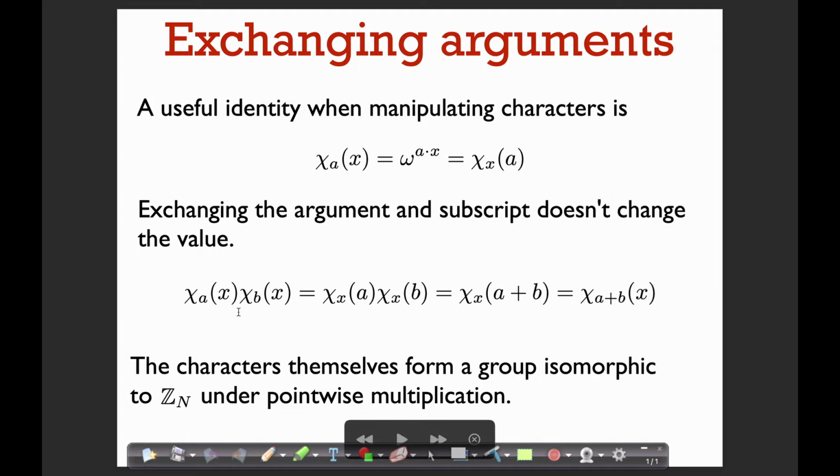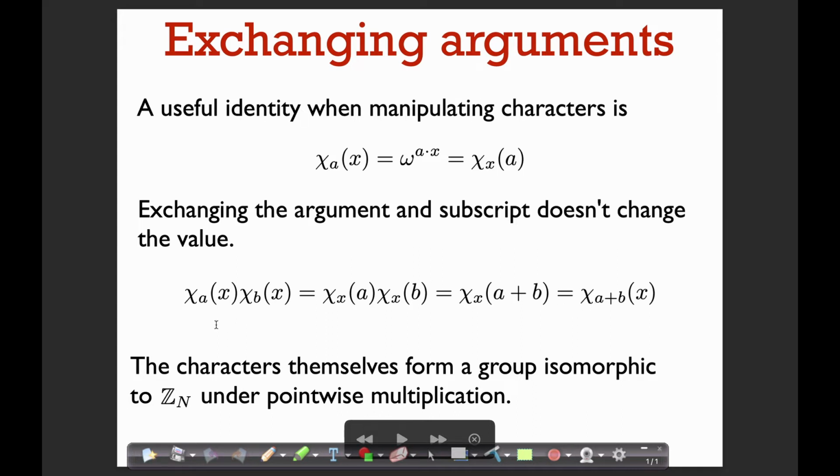So here's an example of how you can use that. If you have two potentially different characters, chi a and chi b, and you multiply them, evaluated at the same argument, then I can exchange the argument and subscript. So I can view them as the same character evaluated at different points. Then I can use the multiplicative property, and then I can exchange the argument again.